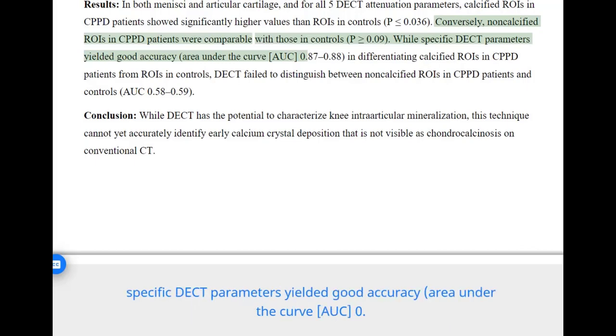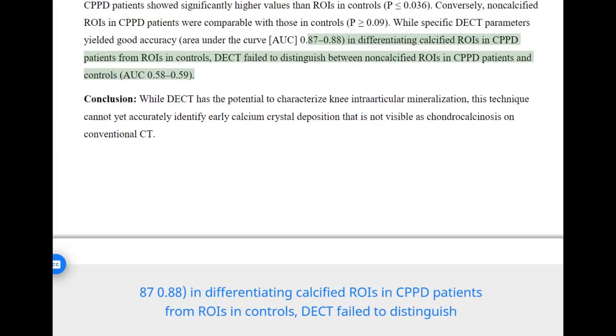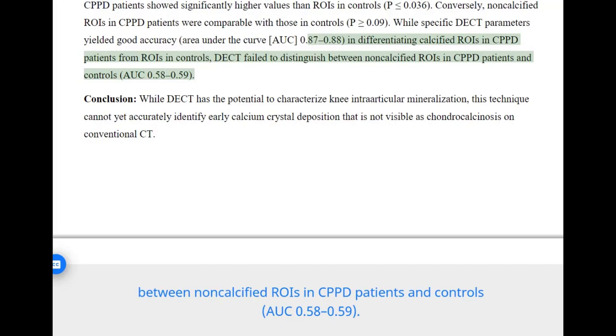While specific DECT parameters yielded good accuracy, area under the curve AUC 0.87 to 0.88, in differentiating calcified ROIs in CPPD patients from ROIs in controls, DECT failed to distinguish between non-calcified ROIs in CPPD patients and controls, AUC 0.58 to 0.59.